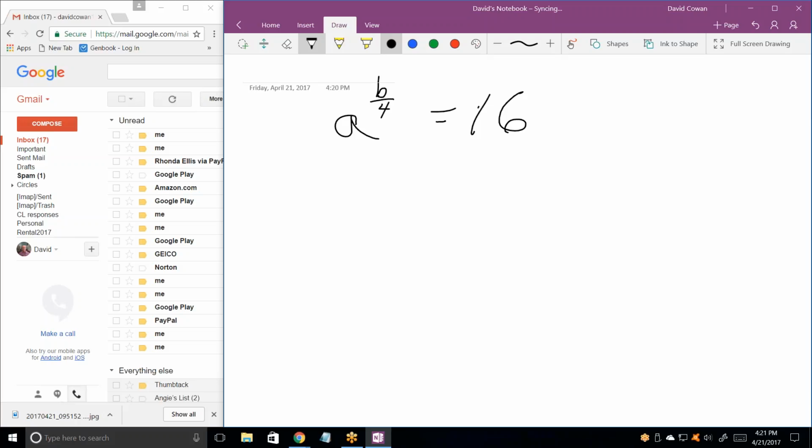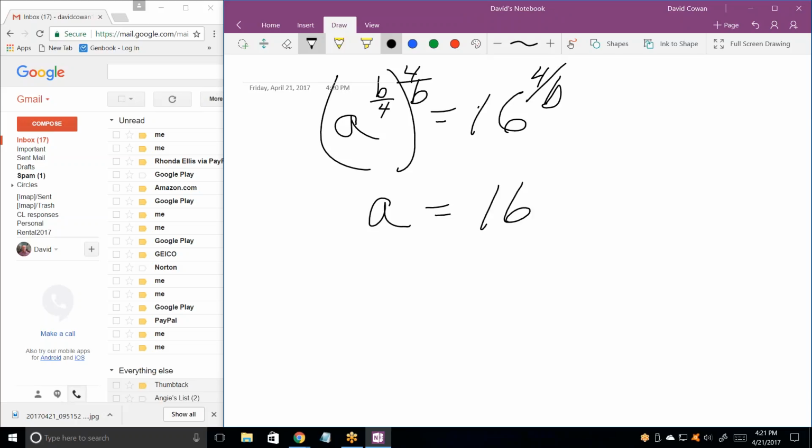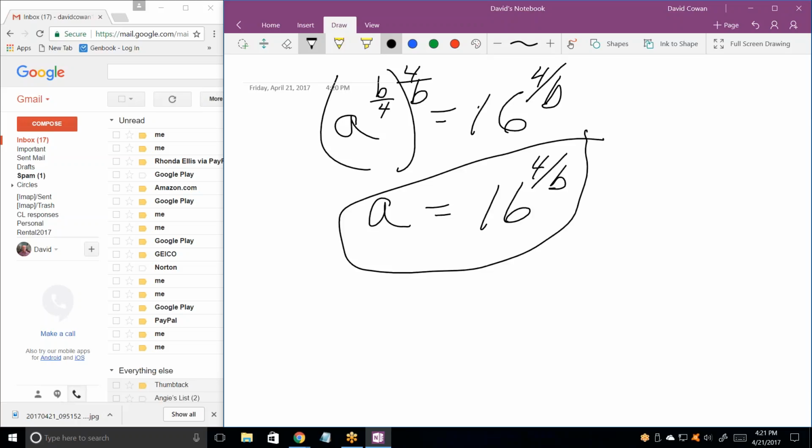You can never solve two variables with one equation. I can do what we're talking about doing to both sides, but I'm never going to solve for a and b. All I'm going to do is get a by itself, and then you've got 16 to the 4 over b. That's the best I can come up with in way of an answer.